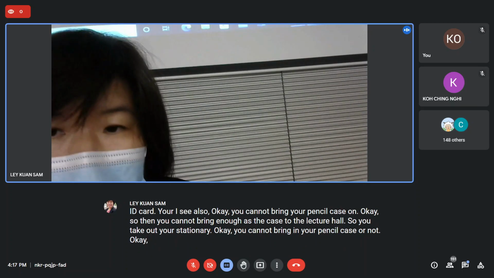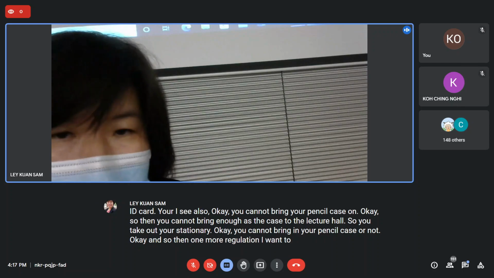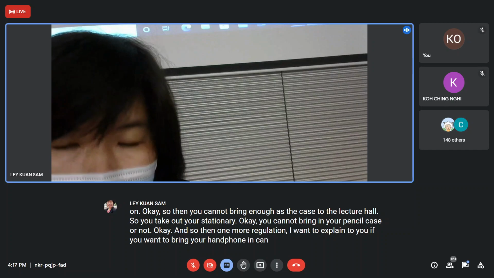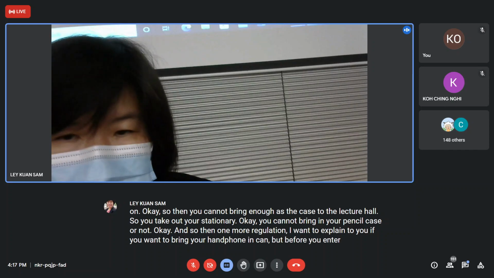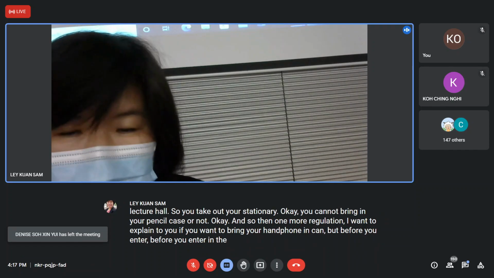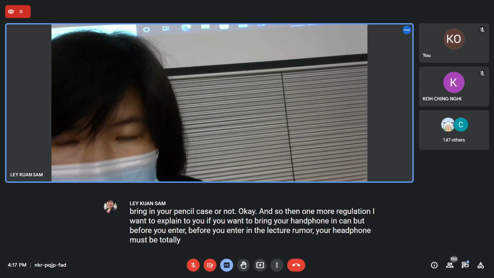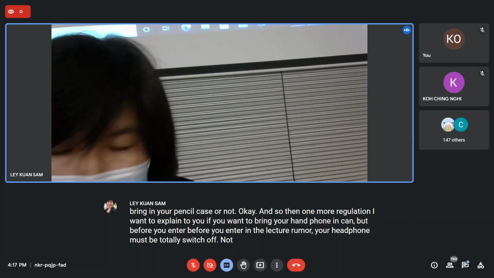One more regulation I want to explain to you. If you want to bring your handphone in, can. But before you enter the lecture room, your handphone must be totally switched off. Not silent, switched off.